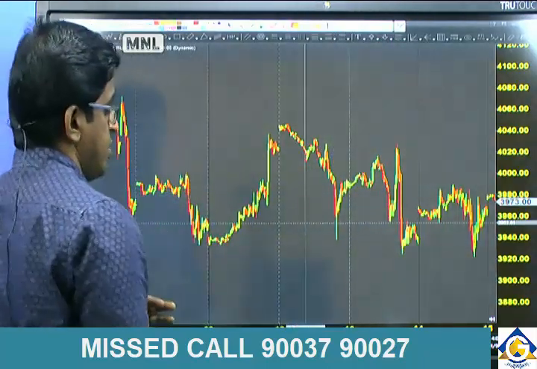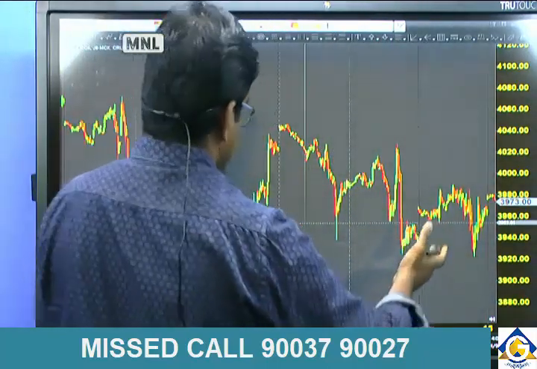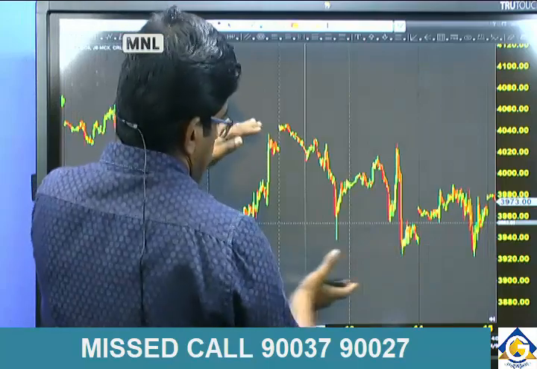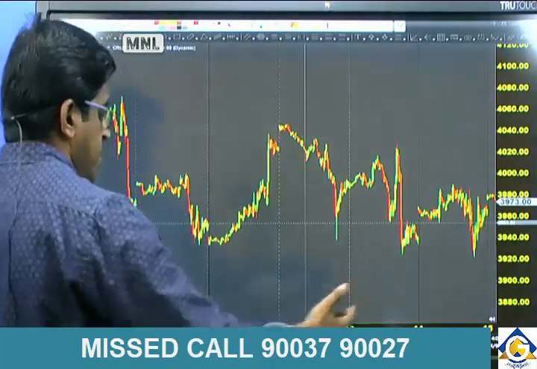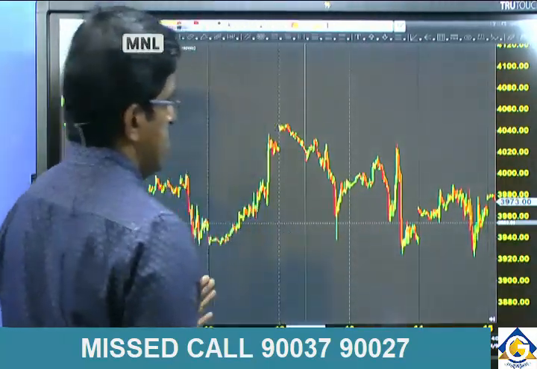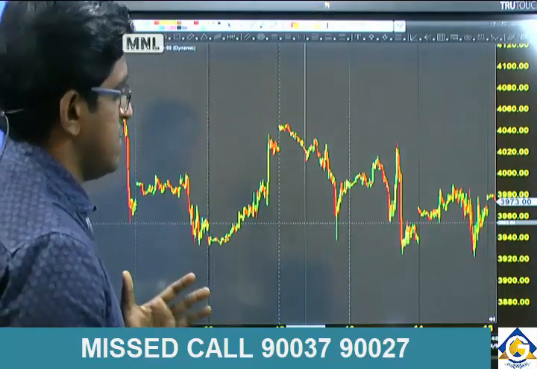This is not the same scenario as what we are seeing now. The price had consolidated within a range for almost 2-3 weeks, so it's on the verge of showing some price action.